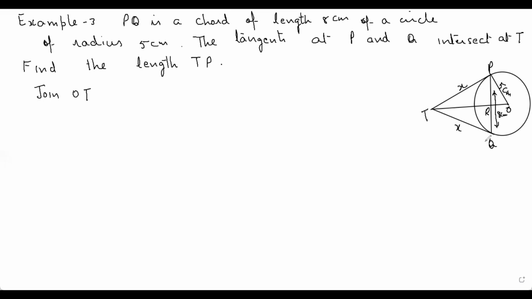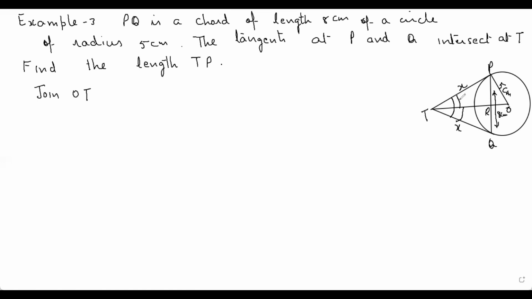And if this is an isosceles triangle, then OT is the angle bisector of PTQ. It means this angle is equal to this angle.